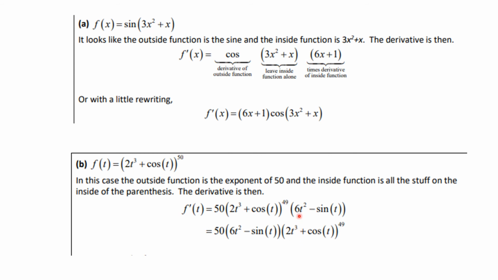But that is going to be 6t squared, and the derivative of the cosine is minus sine of t. There are different ways you could write that. This would be fine, but you could also write it like this because many people feel that's a proper form to write it. But I'm going to count either one of those right, as long as the derivative is right.